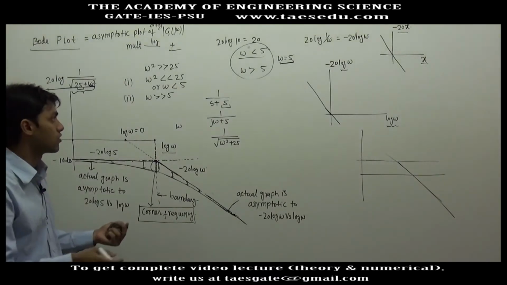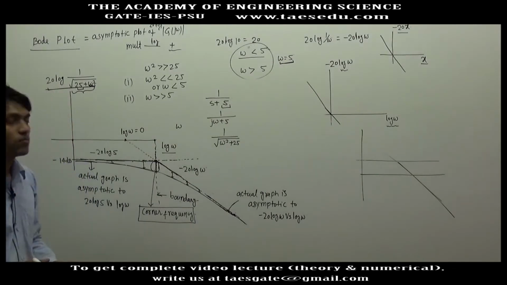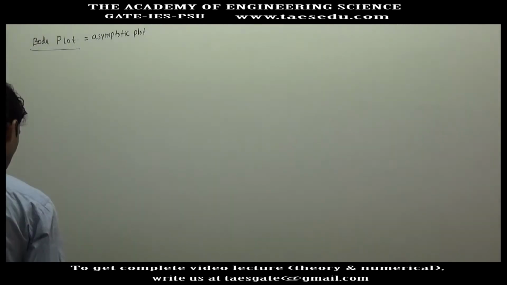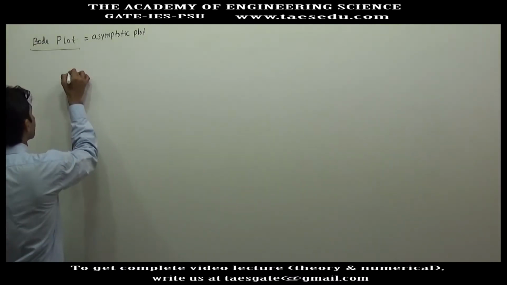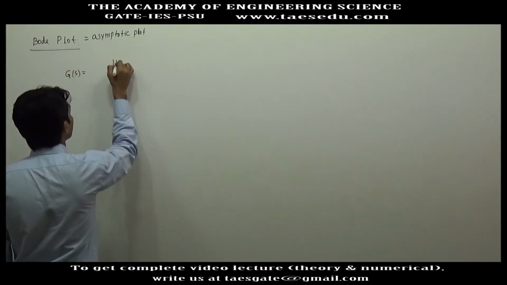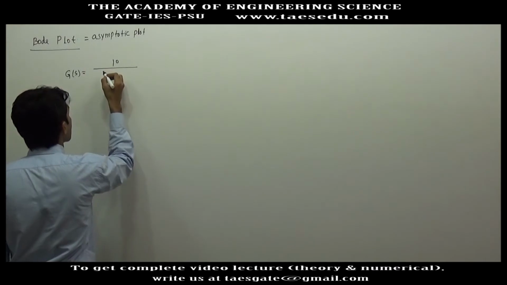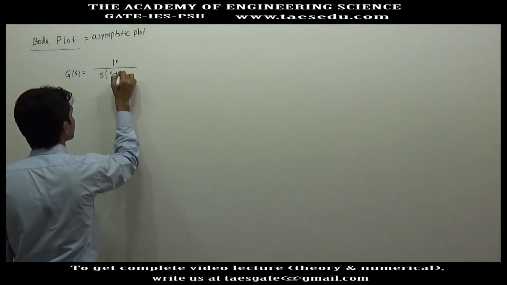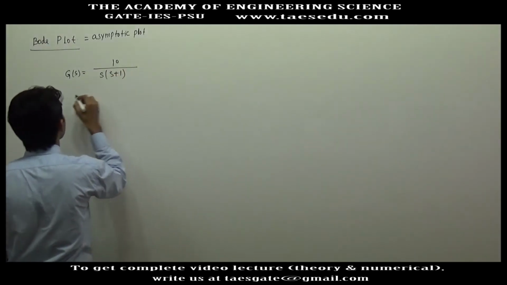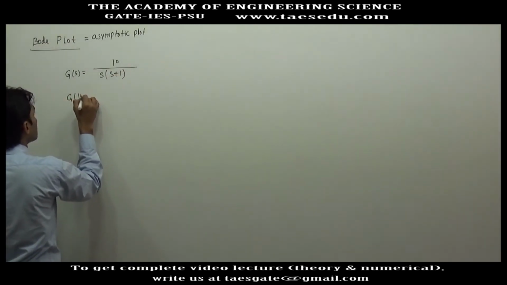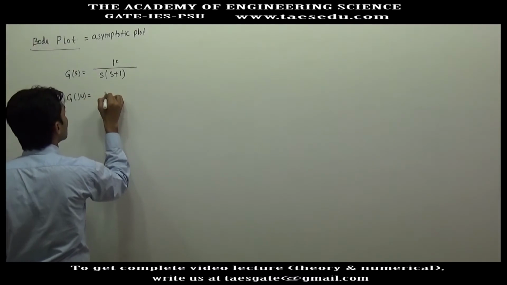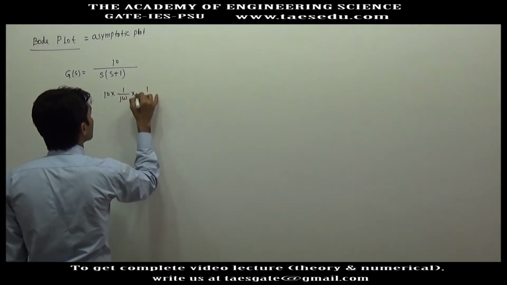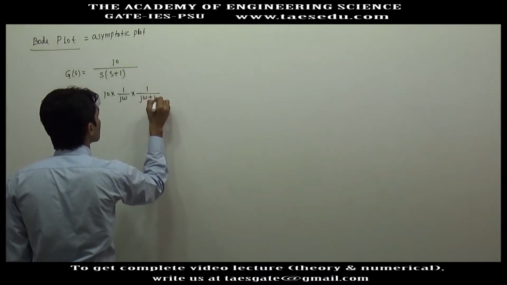I'm going to tell you what exactly the Bode plot is, because we made many modifications. So we took this transfer function 10 divided by s into s plus 1, and then G(j omega) equals 10 into 1 by j omega into 1 by j omega plus 1.